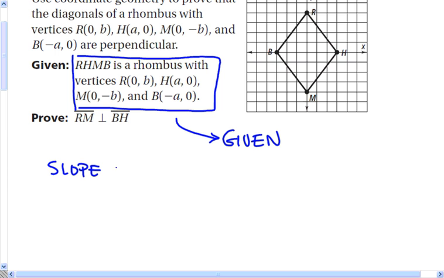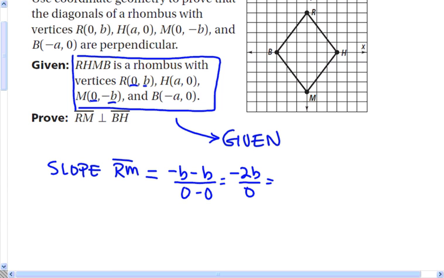So the slope of RM is equal to, remember the slope formula, subtract the y-coordinates, so R and M, we would be subtracting b and negative b. And then subtract the x-coordinates, which are 0 and 0. And we end up with negative 2b divided by 0. And anything divided by 0 is undefined.